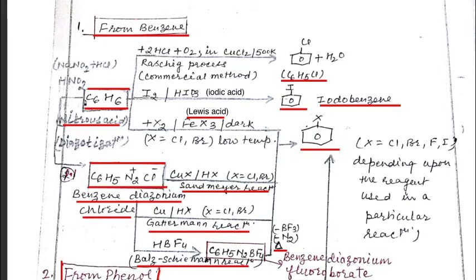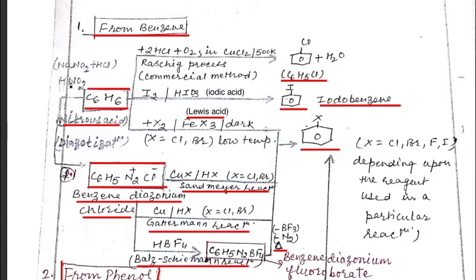Another way by which benzene can be used to prepare aryl halide is when benzene is treated with nitrous acid, HNO2, then we get benzene diazonium chloride. This process is known as diazotization. Nitrous acid HNO2 is an unstable compound and it is prepared in situ.